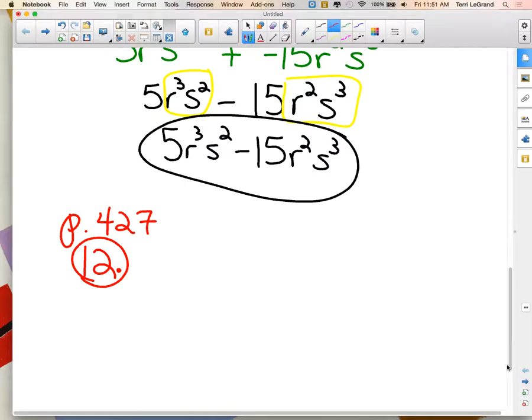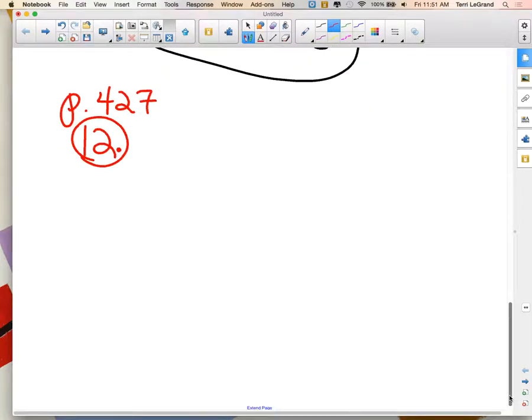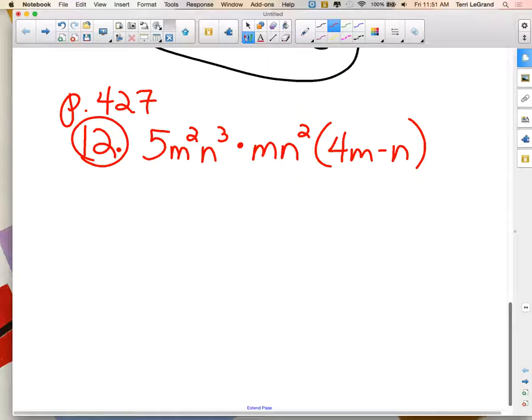So here's how it is given to you in the book. It is 5m squared n to the third power times m n squared. And then they have times a binomial, or a two-term. It's kind of like a binomial.